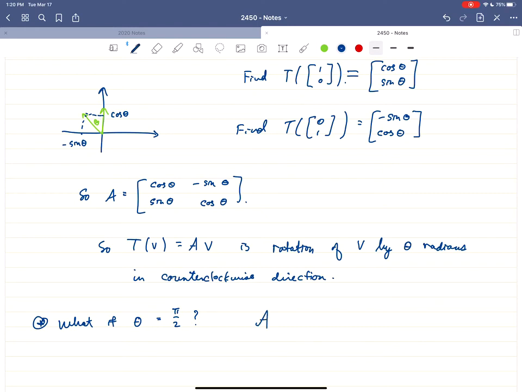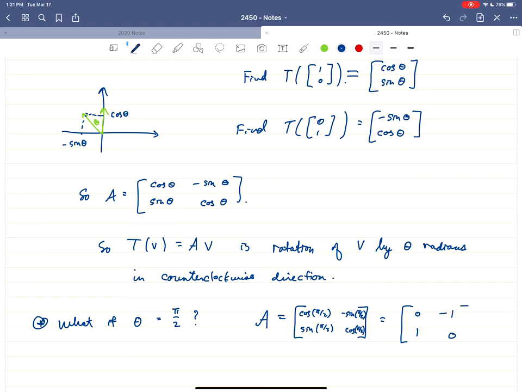Well, if that's the case, then what's A? Theta is going to be pi over 2. So this is going to be cosine of pi over 2, sine of pi over 2, negative sine of pi over 2, and cosine of pi over 2. Sorry to squeeze that in there. And cosine of pi over 2 is 0. Sine of pi over 2 is 1.